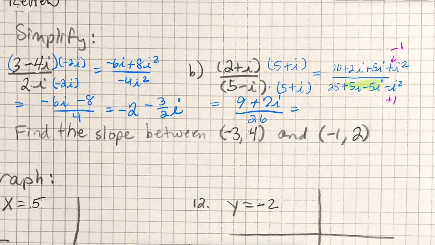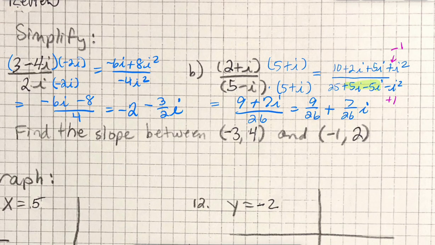Now that's okay, but we should get in the habit of splitting apart a complex number. So just write both pieces over 26. 9 over 26 plus 7 over 26 has the i on it. Now 9 over 26 and 7 over 26 are not reducible. 26 is 2 times 13. Neither 2 nor 13 go into 9 or 7. So that is your final answer there.